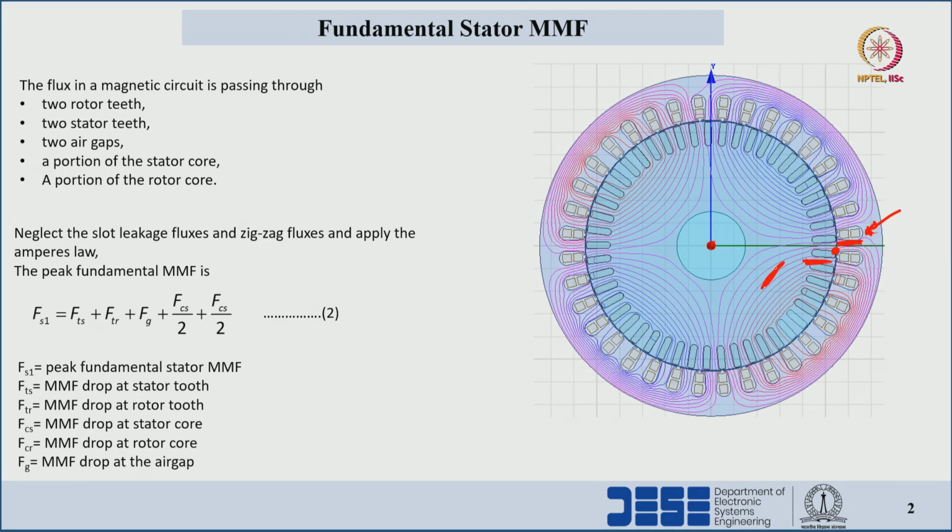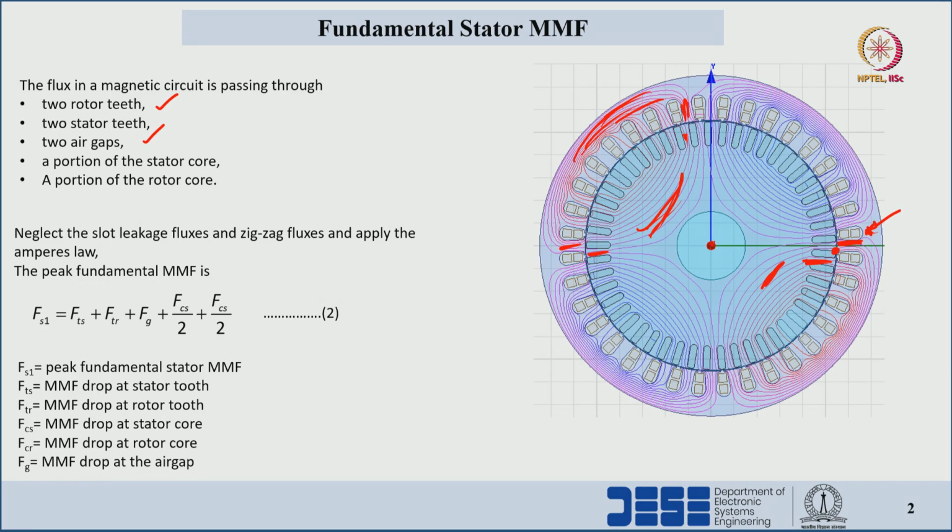The flux lines in the magnetic circuit pass through 2 stator teeth, 2 rotor teeth and 2 air gaps, a portion of the stator core and a portion of the rotor core.